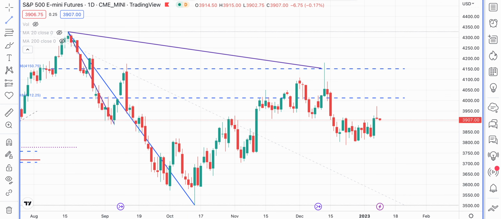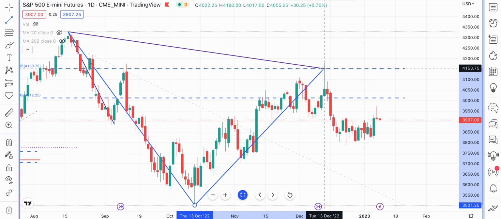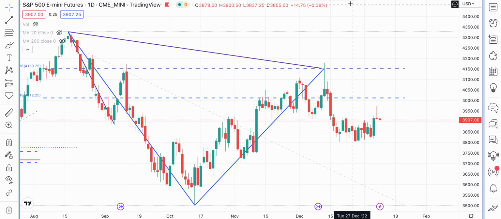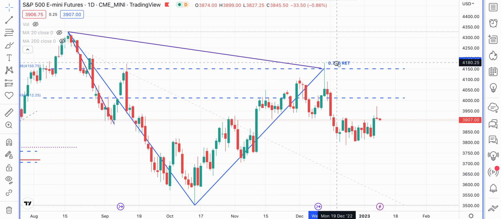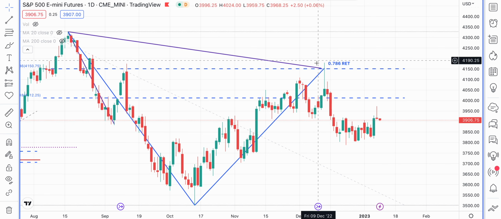Okay, and what the market did was the market rallied all the way here, and this is the 78.6% Fibonacci retracement, and it was not able to close higher.